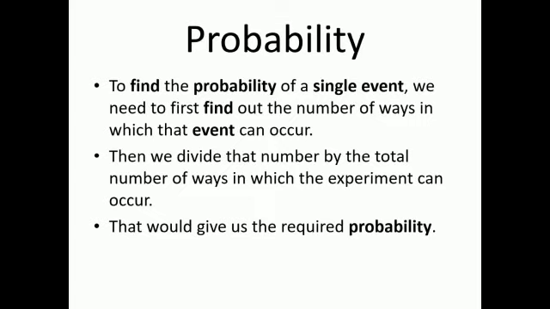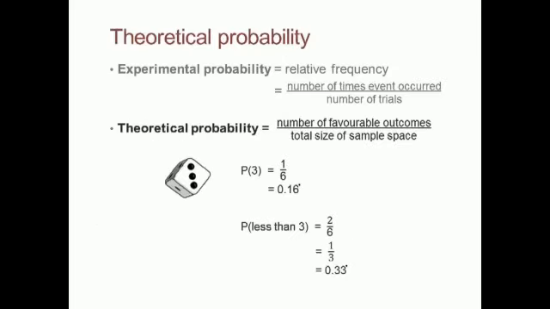That would give us the required probability. There are 2 ways, experimental probability and theoretical probability. Experimental probability talks about the number of trials and the sample space. The method we write is the same.